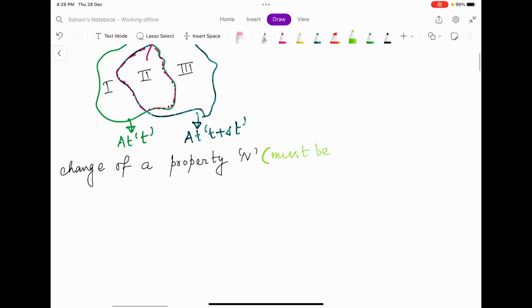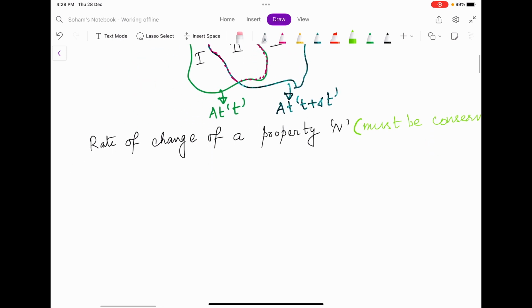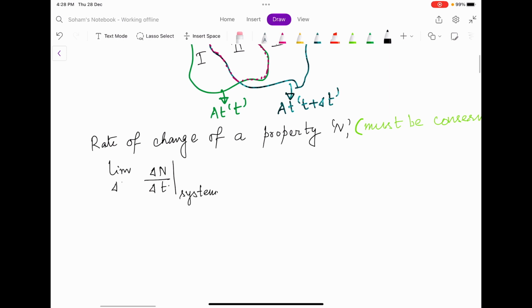This N can be a vector or a scalar, but it should be conserved. We will denote this by del N by del t of the system, and we will apply the limit del t tends to 0. So this is nothing but dN/dt of the system, right?